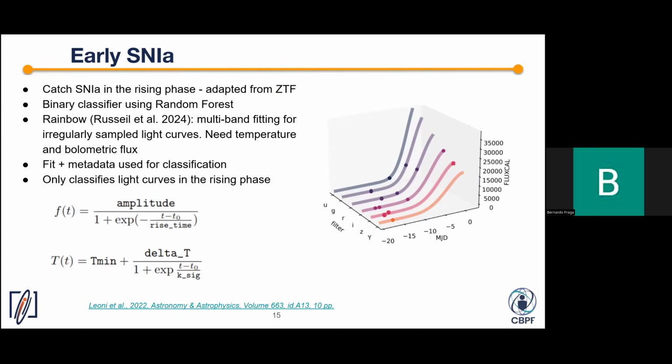So basically, it takes fit information from Rainbow plus metadata to do the Rainbow forest classification. And one caveat about this is that if the light curve is past the peak, it does not care about it. It only cares about stuff that is rising.